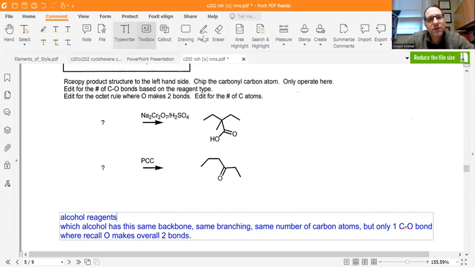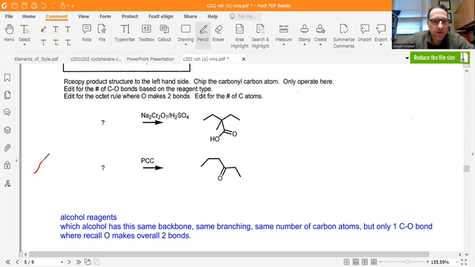So I'm going to do the bottom one first, if I may, with the PCC. Oops, so we'll try again. I recopied it to the left. Now you can work faster if you like, but I'm just taking it step by step. The very same, isn't it? PCC, what do you know about that?